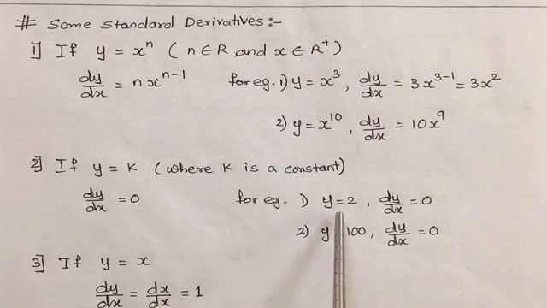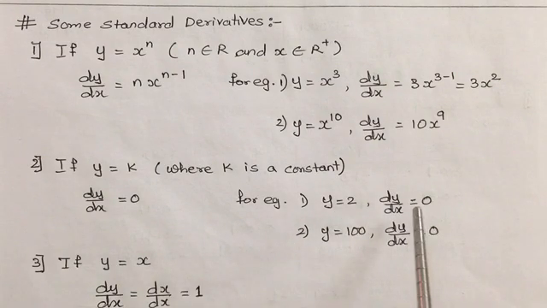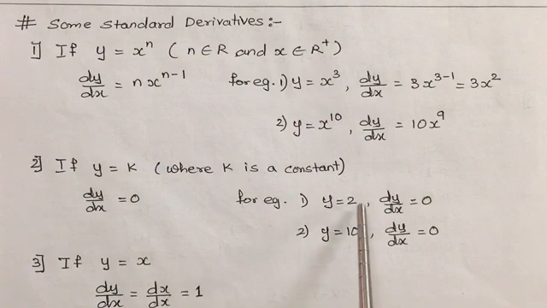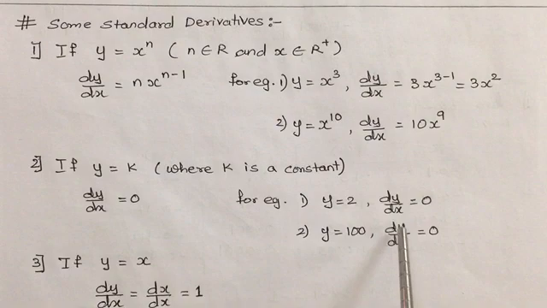Say, for example, if the value of y is 2, then dy by dx will be 0 because it is a constant. There is no x term in y equal to 2. If y is equal to 100, again 100 is a constant, so its derivative will be 0.